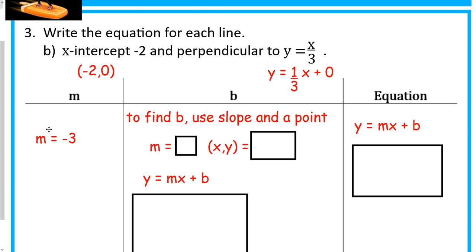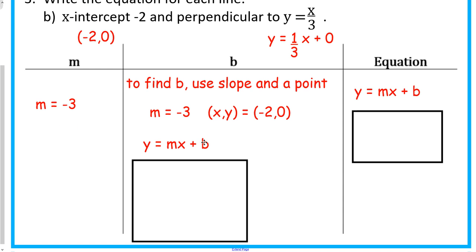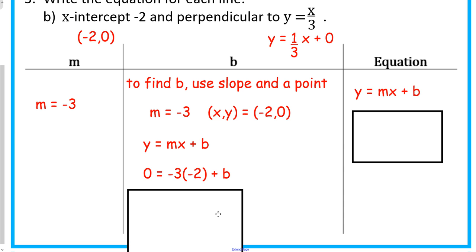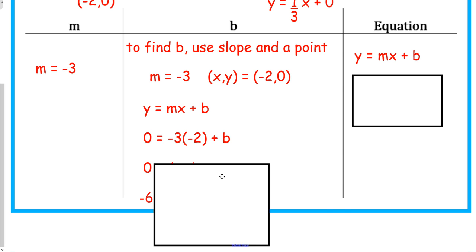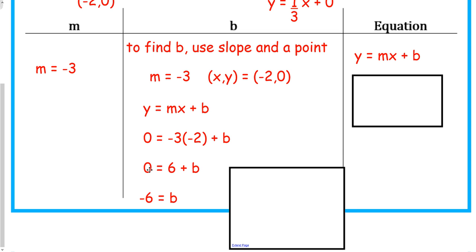So to find b, we're going to use our m, our slope, and the point that's given to us. m is negative 3, point is negative 2 comma 0. Okay, put those into your equation. Negative 3 times negative 2 is 6. And then bring the 6 to the other side, b equals negative 6. And you can write your equation.